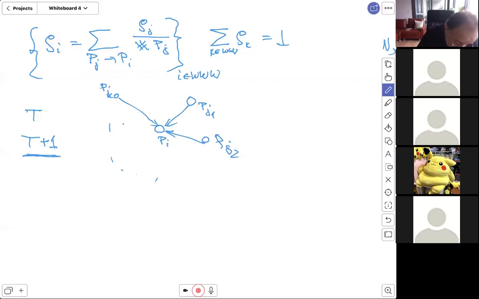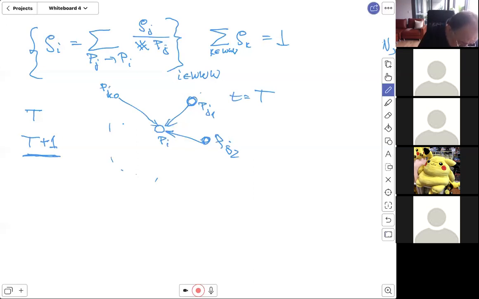Well, to end up at web page pi after T+1 clicks, it means that you had to be at one of these web pages when it was just T clicks, right? Because we are not doing any random teleportation at the moment, just following the links.